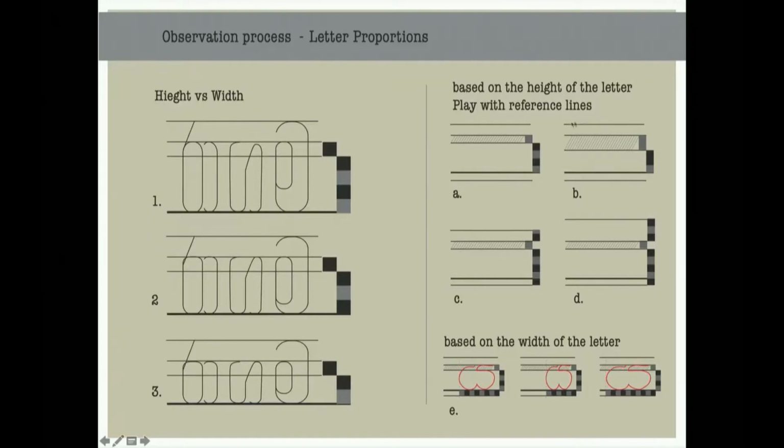In general, we would see a whole range of how letters keep changing because of the proportions of the letter. And then, playing with the reference lines, you hold on to the same width and baseline, and we can also make changes by changing the ascender lines and the descender lines, and as a result, we would get different forms of letters.